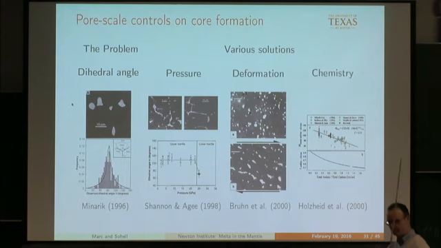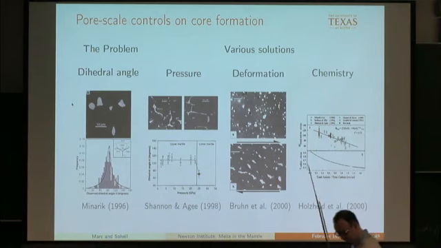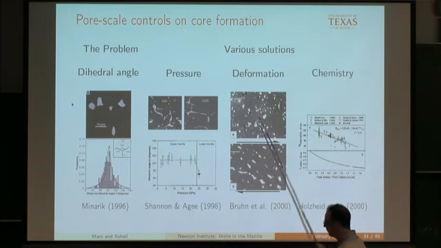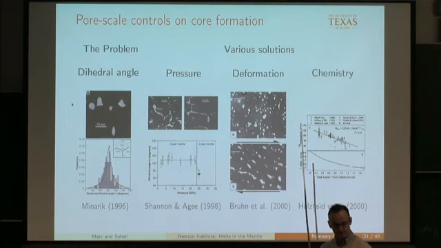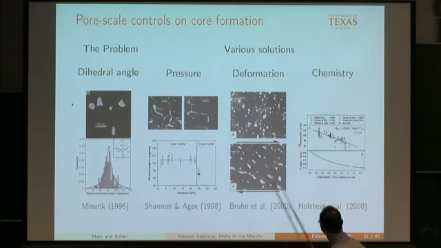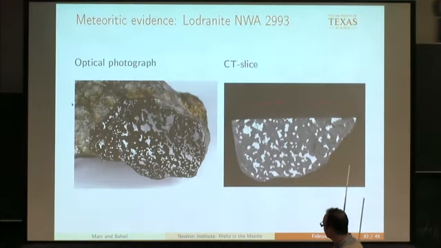One possible way is very strongly oxidizing the system. But I'm not sure how realistic it is that this was a strongly oxidizing system. All of these potential solutions have their different problems, and so we took a different approach.